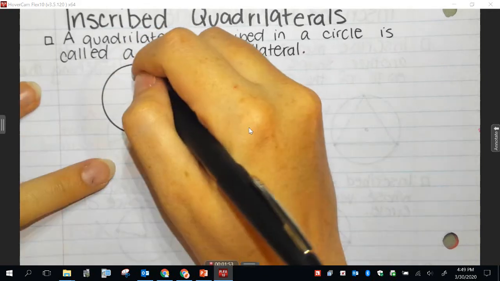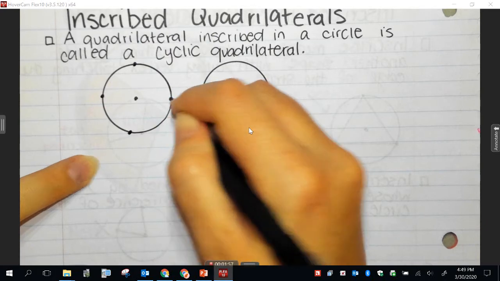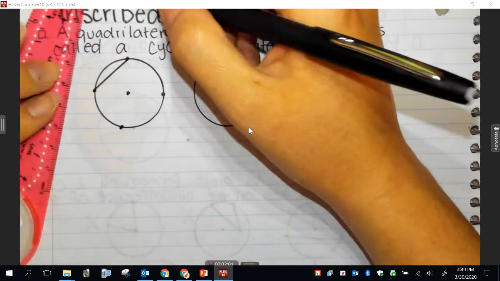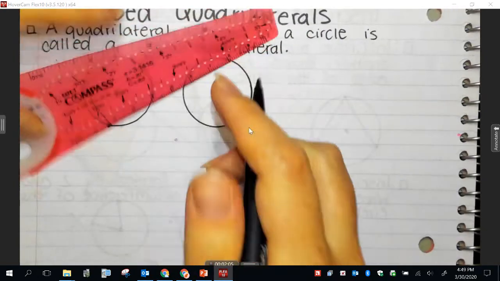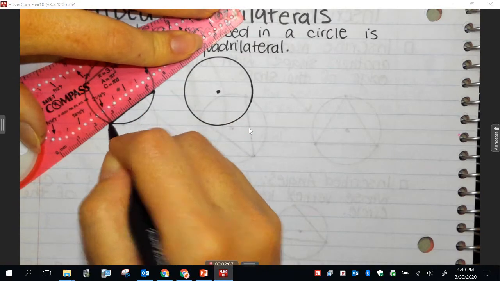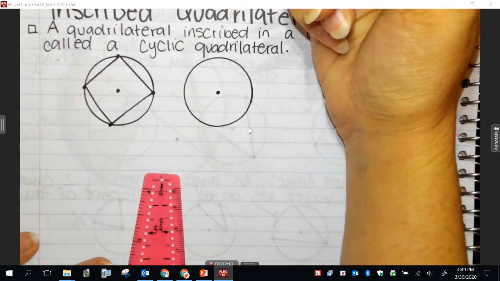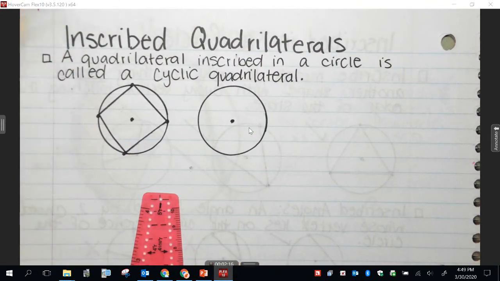All right, so I'm going to put 4 points on this circle. Okay, so that's one thing that a cyclic quadrilateral could look like.